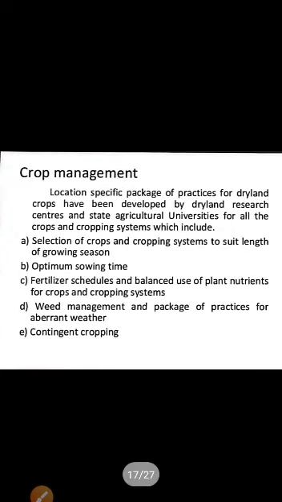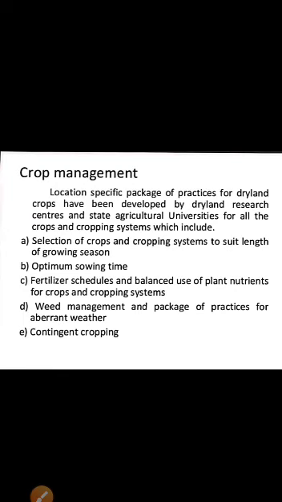Now, what are the crop management things we have to do? Location specific packages of practices for dry land crops have been developed by dry land research centers and state agriculture universities for all the crops and cropping systems. What have they included in this?